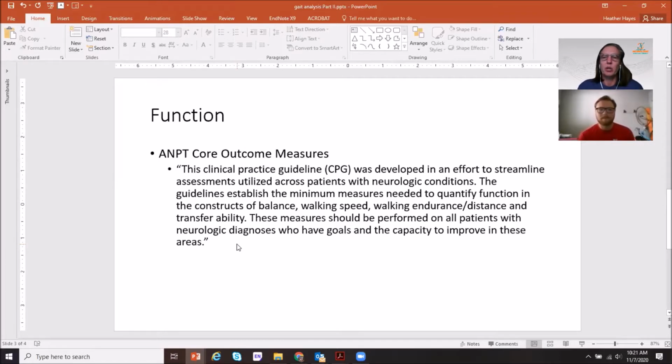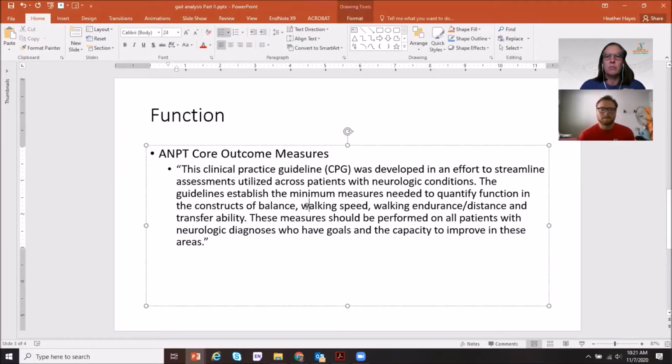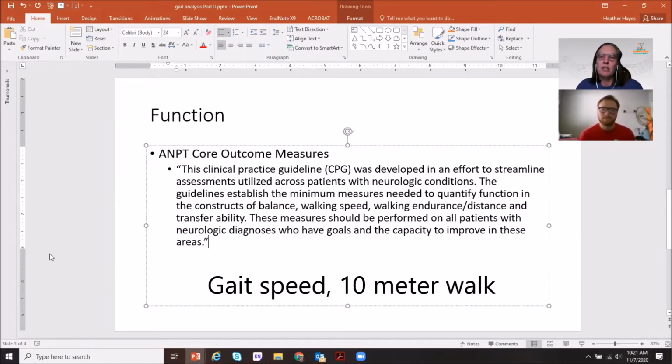They wanted to make sure they had the minimum measures needed to quantify function and balance, walking speed, walking endurance and distance, and transfer ability. So the 5 measures they identified were gait speed with a 10-meter walk, where you measure the middle 6 meters.